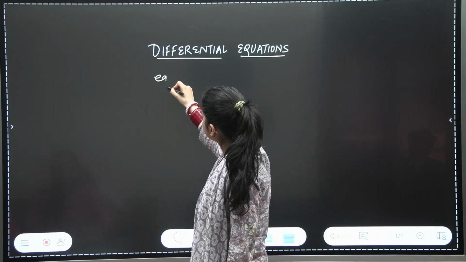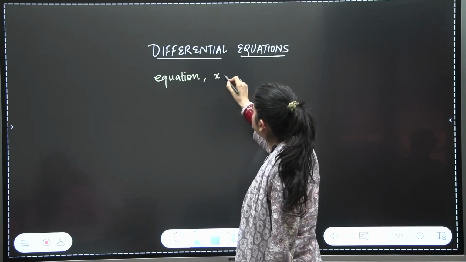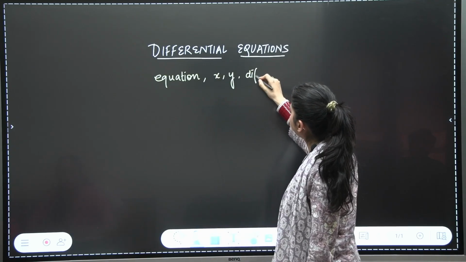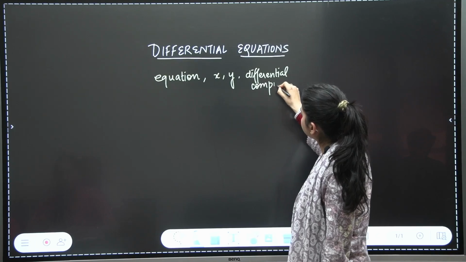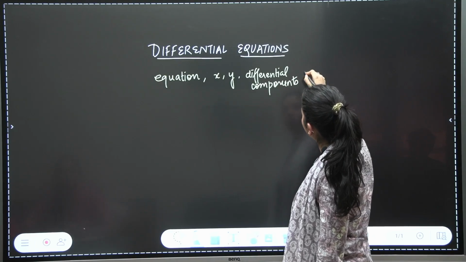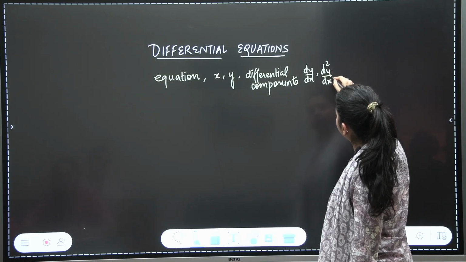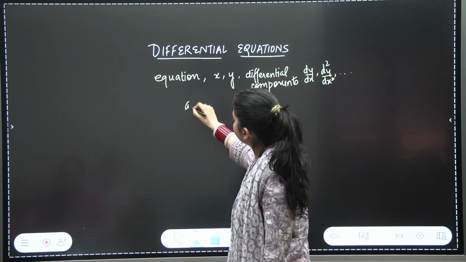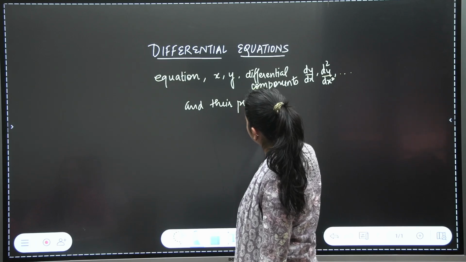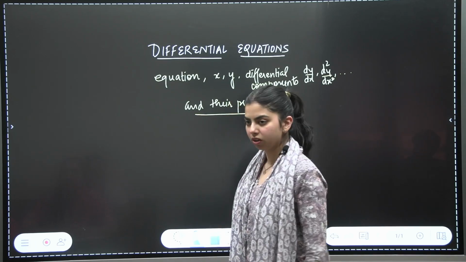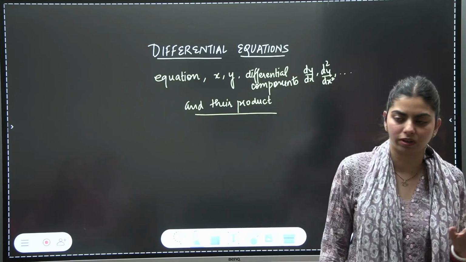Any equation that has variables x and y, and differential components, terms like dy by dx, higher order derivatives, d square y by dx square, and so on, and their product, is called a differential equation.